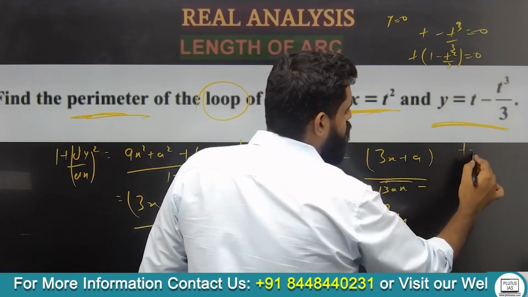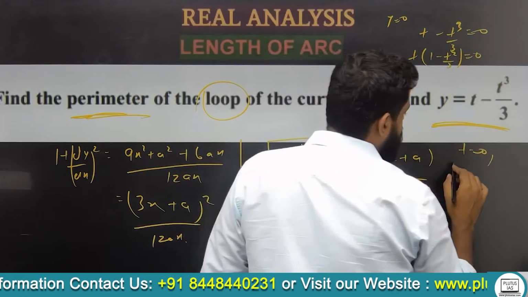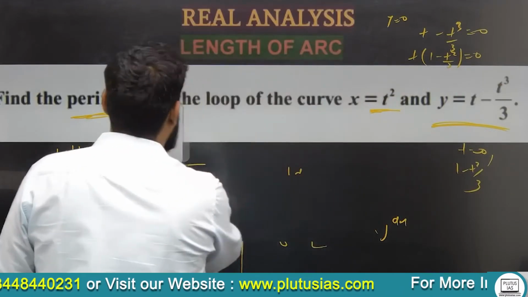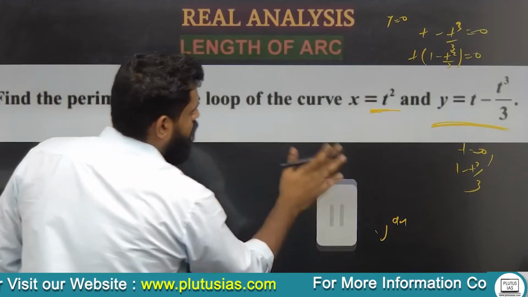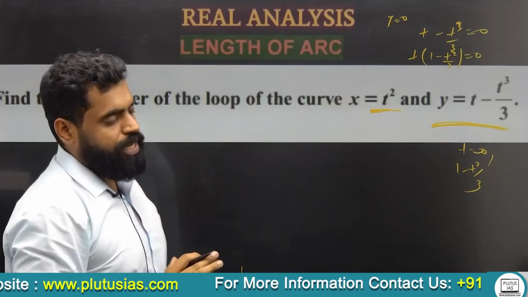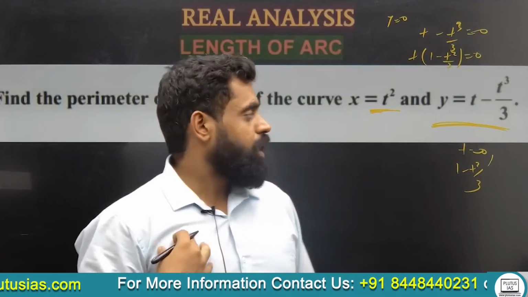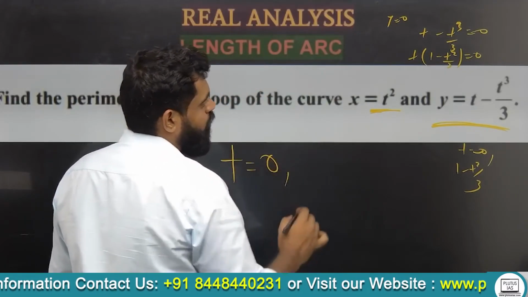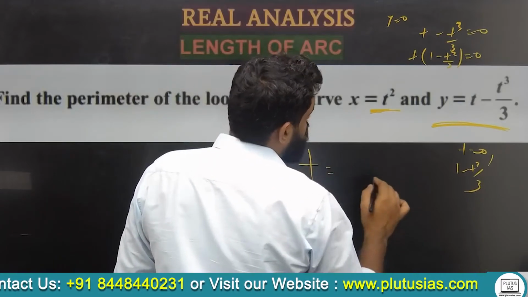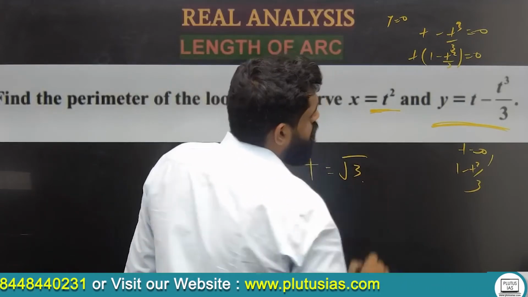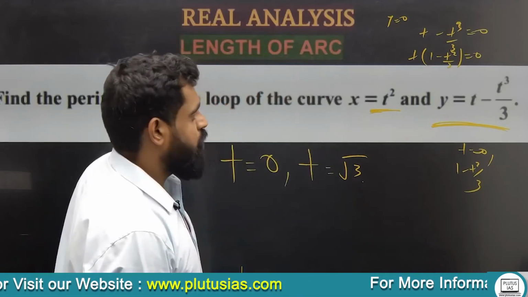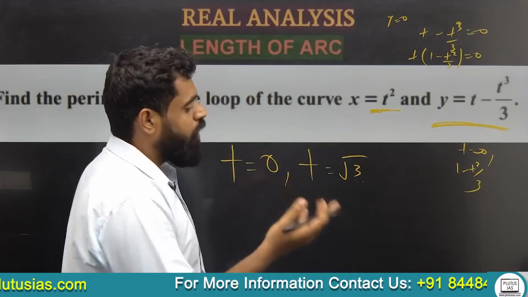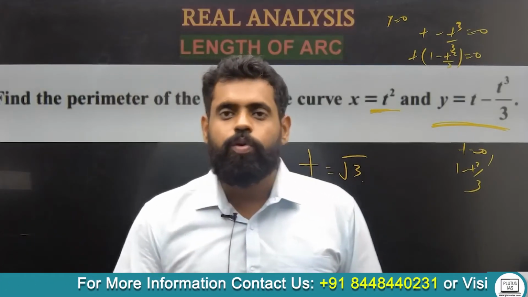So y is 0 at t equal to 0 and at t equal to root 3.